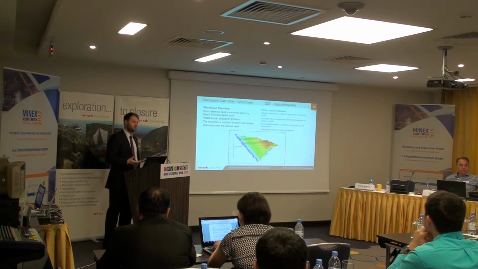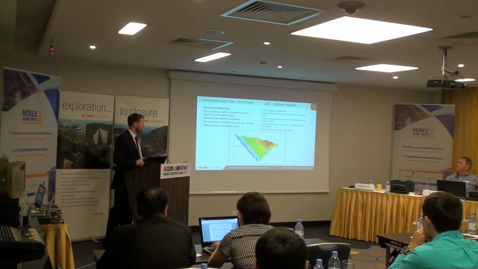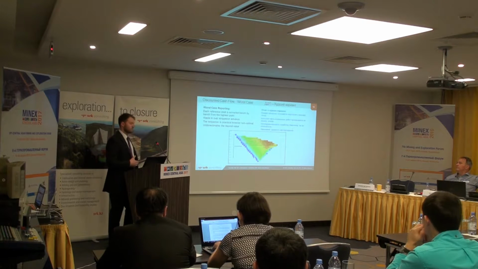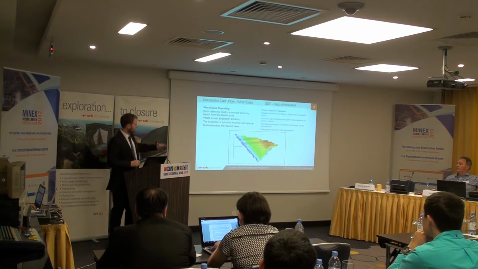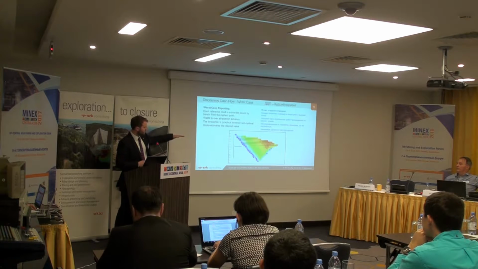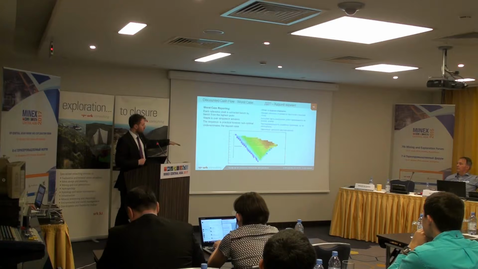The other option, which the software outputs, is the worst case scenario. Now what this does is essentially take the pit shell and mine from top to bottom in all benches. So each of the black lines is mined at the same time. So it mines the entire deposit from top to bottom.